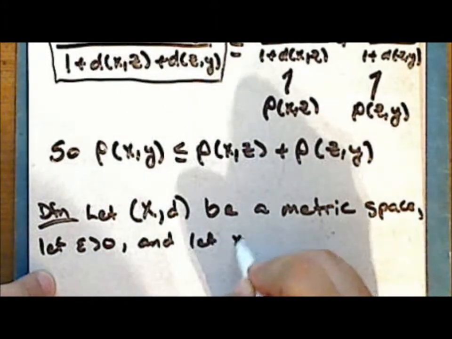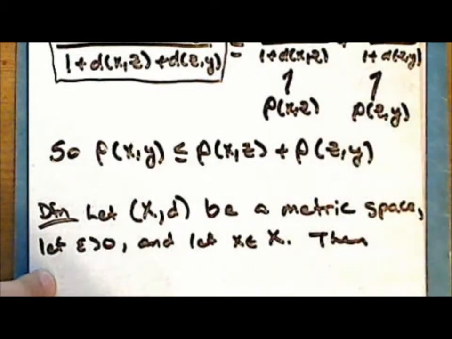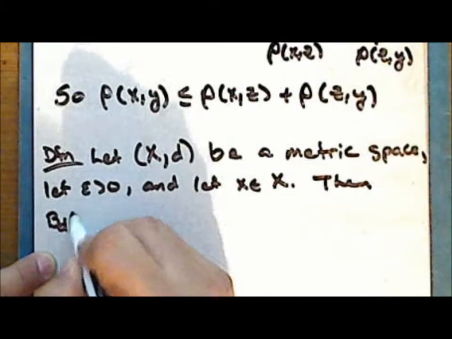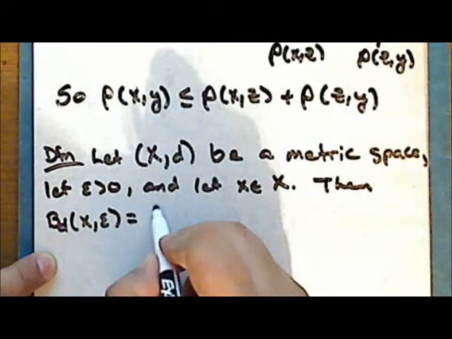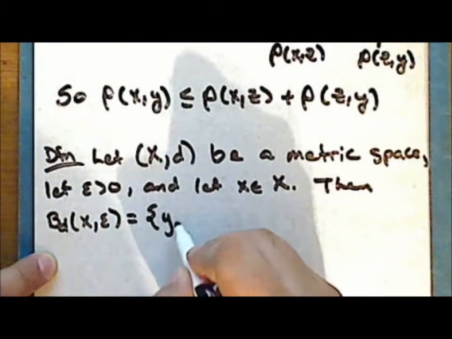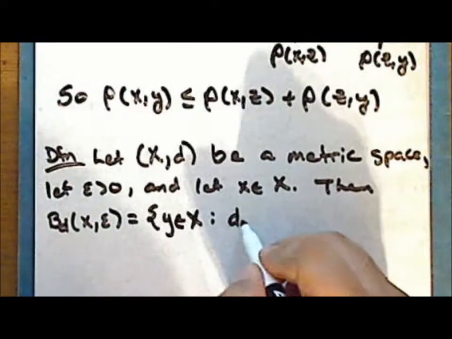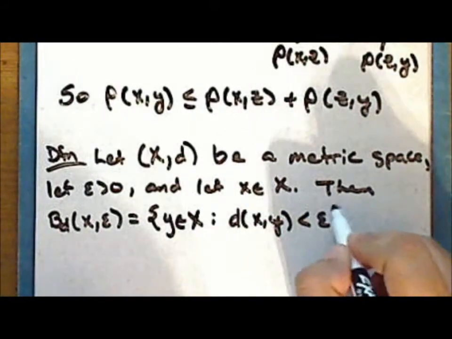And let the point X be in the set X. Then the set, which we denote B sub D of X epsilon, is the set of all elements Y in the set X such that the distance from X to Y is less than epsilon.